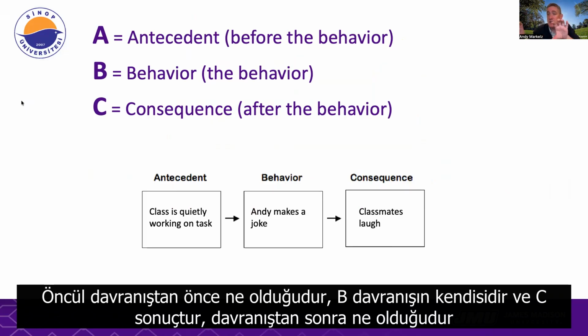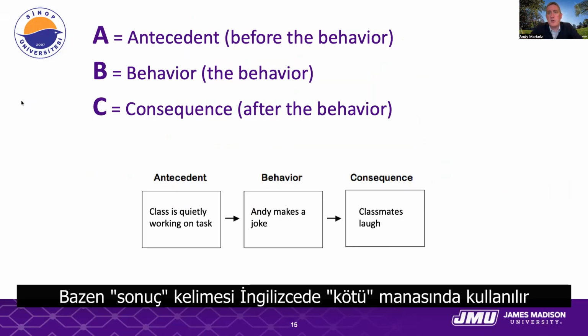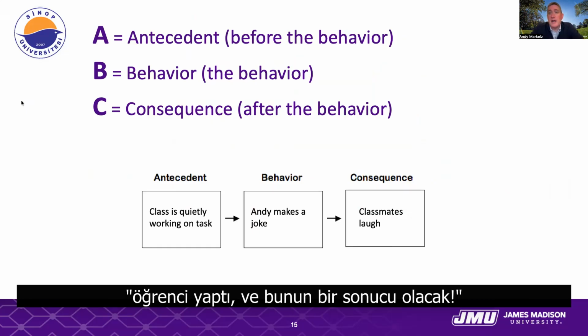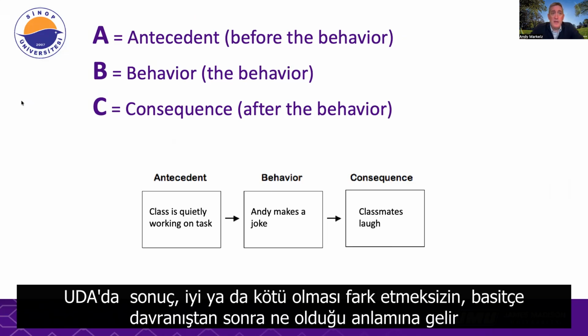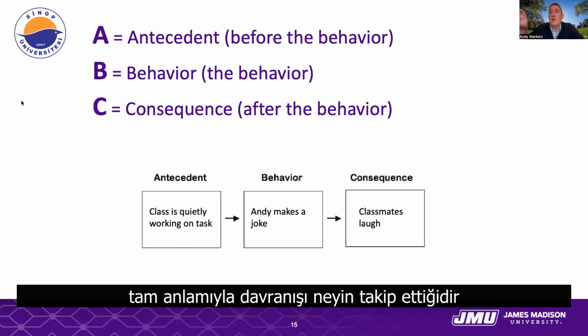And then C is the consequence, what happens after the behavior. Sometimes consequence is translated in English as a bad thing. The student performs, he's going to get a consequence. Well, in ABA, consequence simply means what happens after the behavior. Whether it's good, whether it's bad, it doesn't matter. It's simply what follows the behavior, what happens.